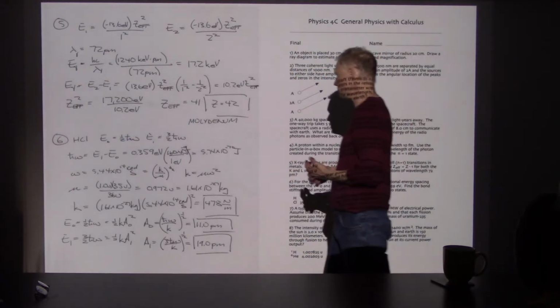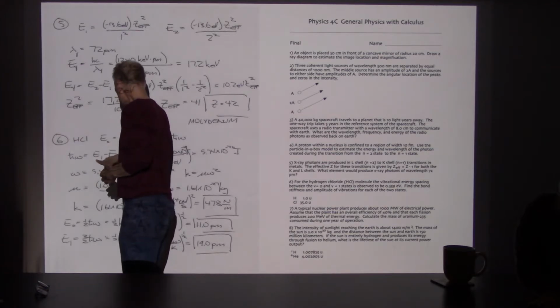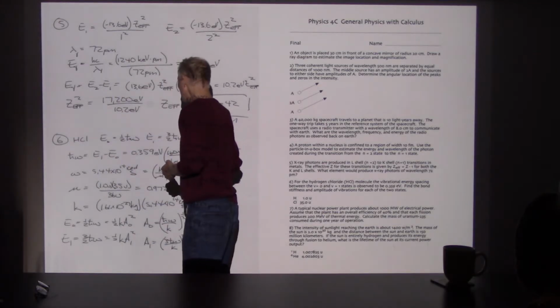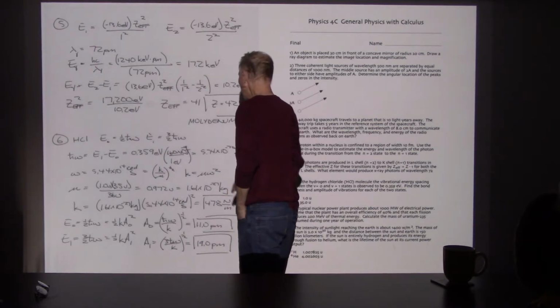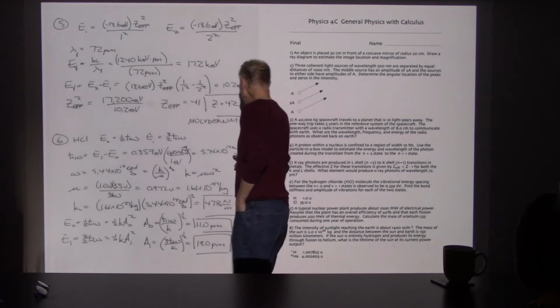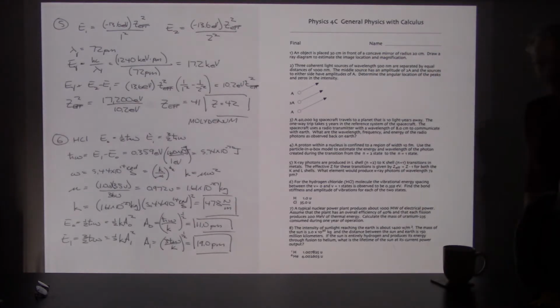And so h bar omega is equal to the difference between the two energies, and that's 0.359 eV. I converted that over into joules because we're going to be looking at bond stiffness.